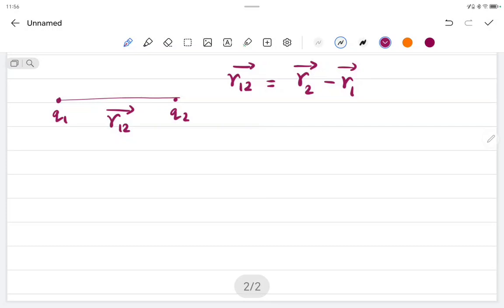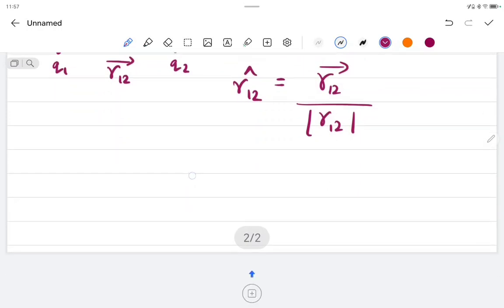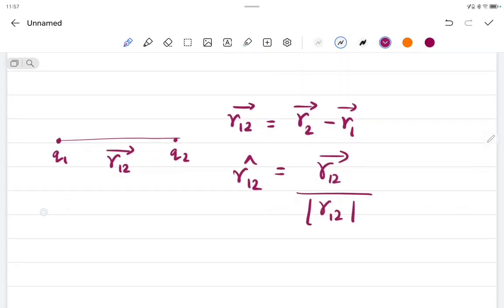Okay. So how to denote a unit vector? If you want to denote a unit vector, you need the vector divided by its magnitude. Vector by its magnitude is the unit vector. Say, for example, I want to denote the force F12, the force on Q1 due to Q2.